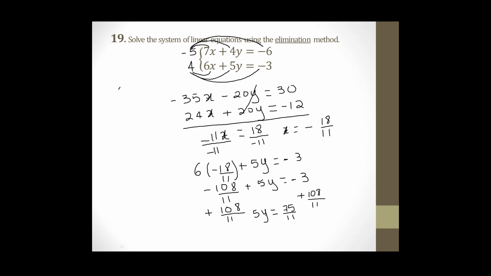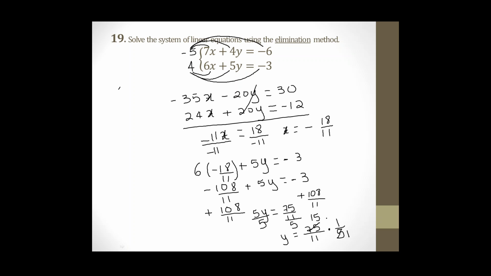I have this 5 over here, so I'm going to have to divide by 5 on both sides. Dividing by 5 is the same thing as multiplying by its reciprocal, so I times by 1 over 5. I'm going to cross cancel here. 5 goes into 75 15 times.